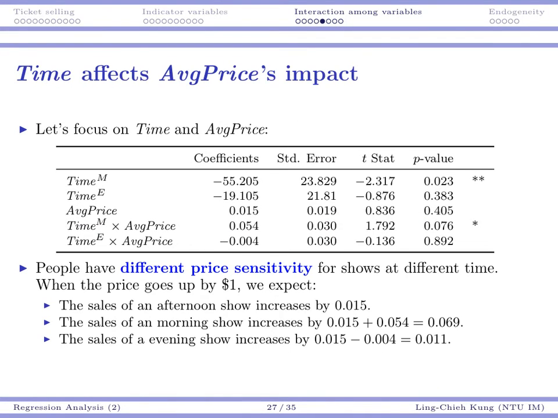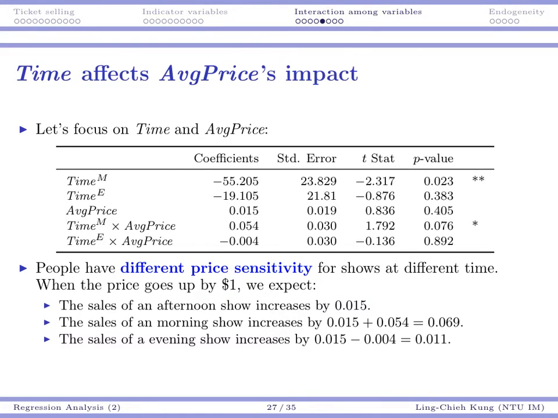So let's make some interpretations. One thing we find out is that time has an impact on the price's impact. So what does that mean? People have different price sensitivity for shows at different time. In particular, when the price goes up by 1, what's going to happen?